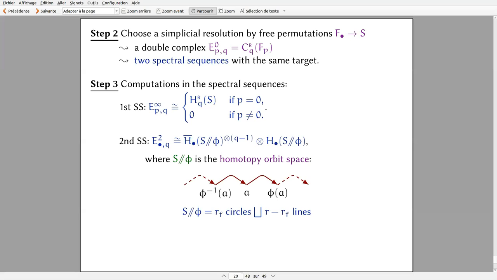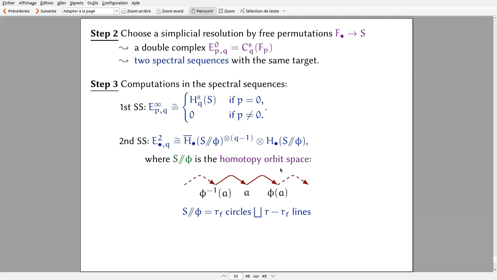The second spectral sequence is slightly more complicated, and in computing it, you will need the homology computations for the free permutation ranks, which we were talking about in the previous slide.